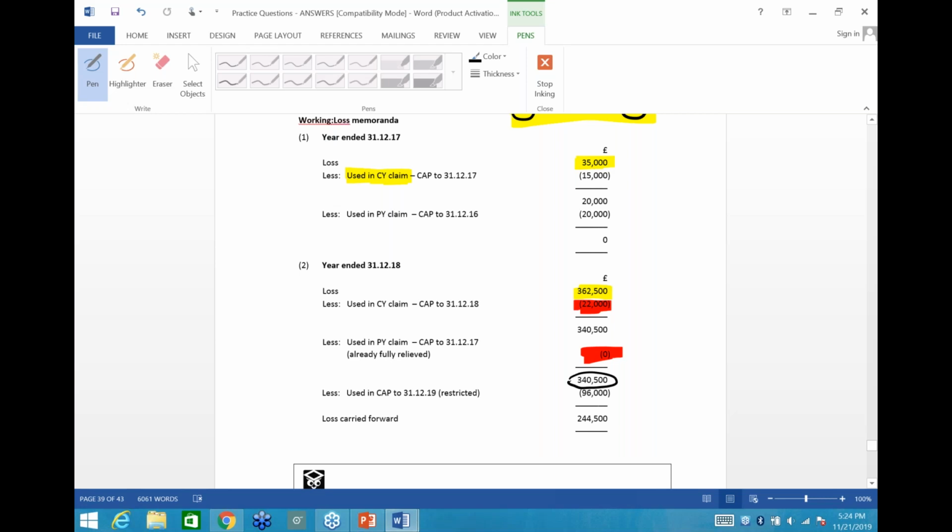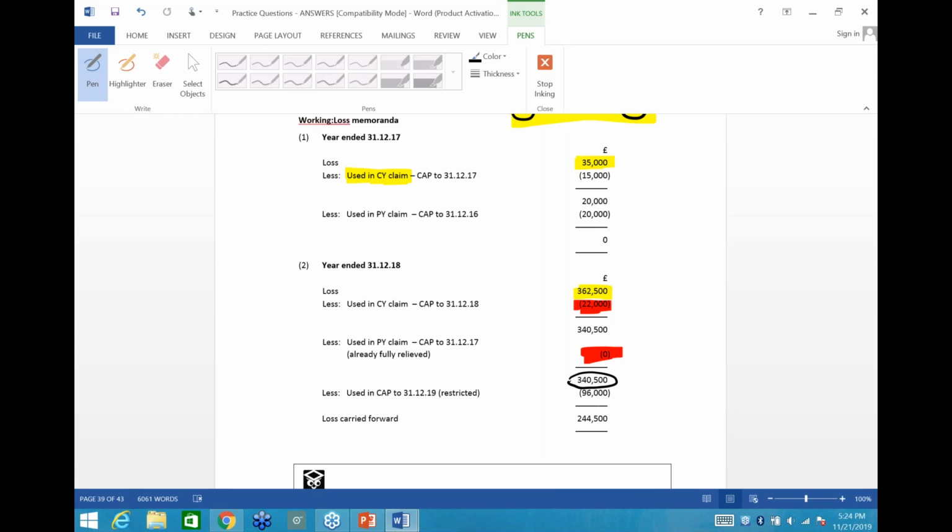You can carry forward this 340,500 and set off against the future available total profits before QCDs. So when you have unrelieved trading losses, you can carry forward and set off against future available total profits before QCDs. But the good news is, when you carry forward, you can set off against future available total profit before QCD in the way you want.